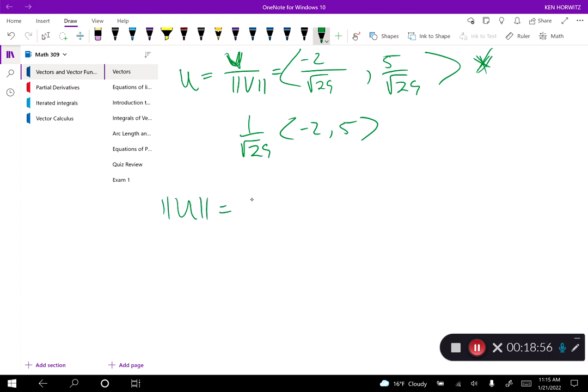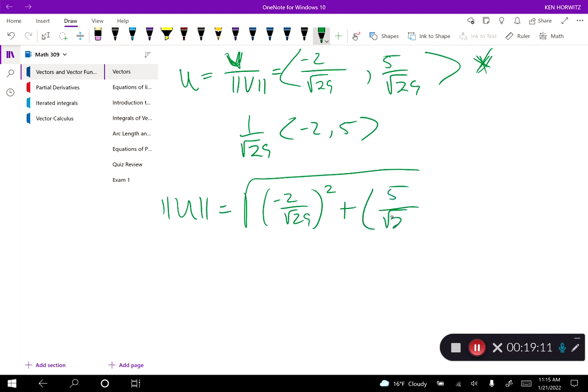I'm going to square them, add them, square root them, right? My elements of u. So I have -2 over the square root of 29 squared and 5 over the square root of 29 squared.